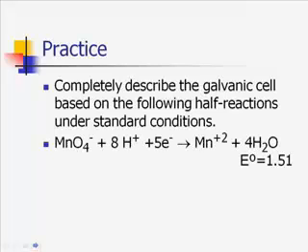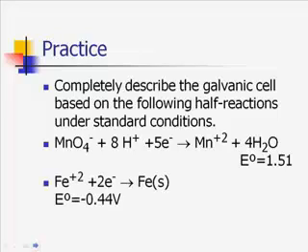Okay, so say this is our half reaction. Here they've done the work as far as looking up our standard reduction potentials for us. So now in looking at and comparing these two, we know that this will be the reduction, and the iron will be oxidized.